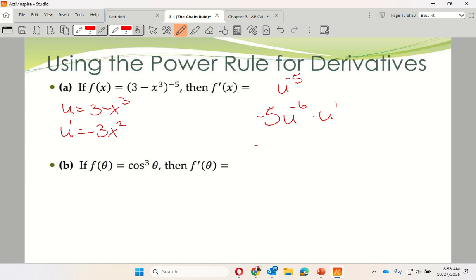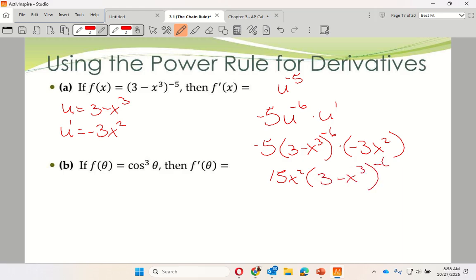So I get negative 5 times my u, again, my 3 minus x cubed, to the negative 6, times u prime, which is negative 3x squared. If anything, I just clean it up a little bit. So that's going to give me positive 15x squared times 3 minus x cubed to the negative 6.